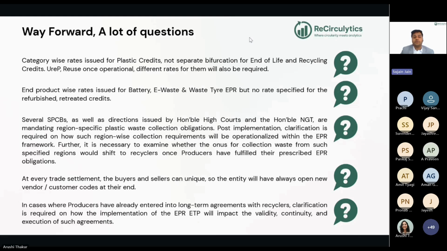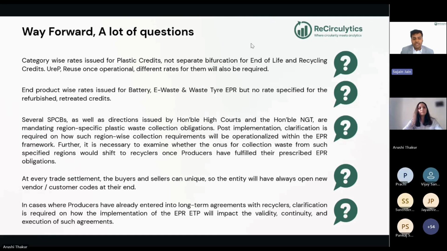Also, a lot of producers have already entered into long-term agreements with recyclers. So clarification is required on what the impact will be on such agreements which have already been undertaken before the implementation of the EPR ETP.